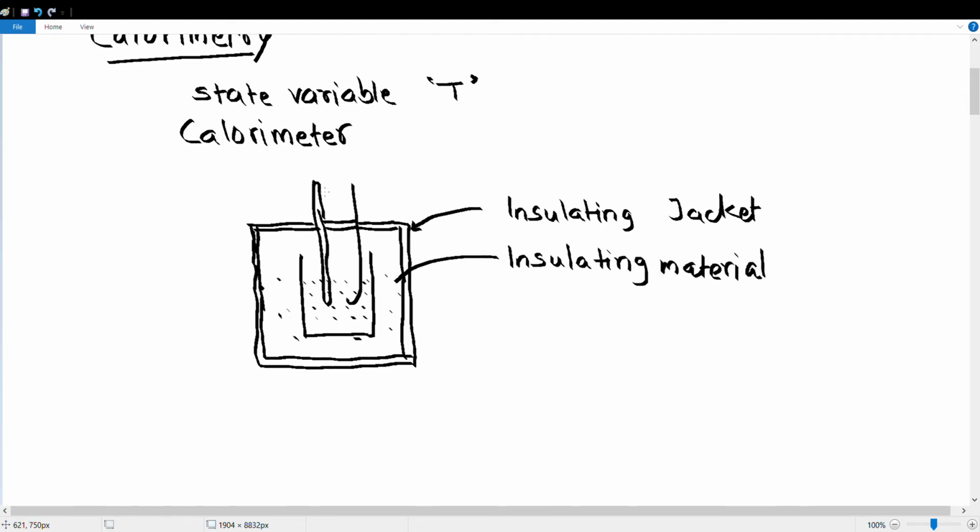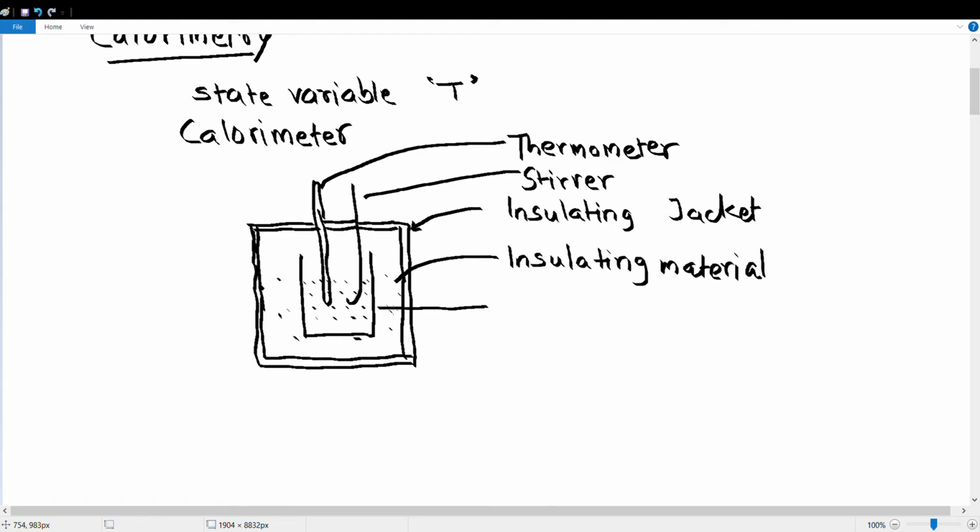What is this? This is the thermometer. This thermometer measures the temperature of water. And what is this? This is the stirrer. When the stirrer is moved up and down, then the temperature of the water which is there in this metal vessel becomes uniform.